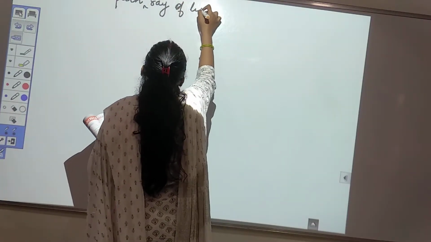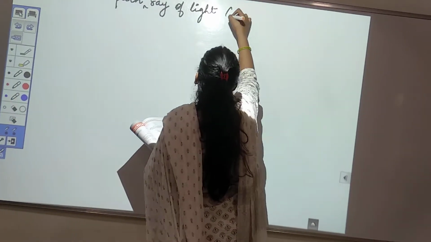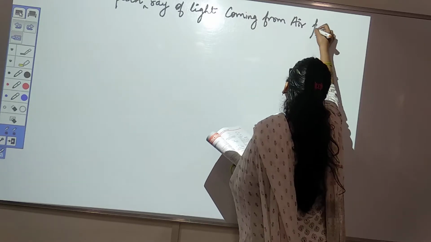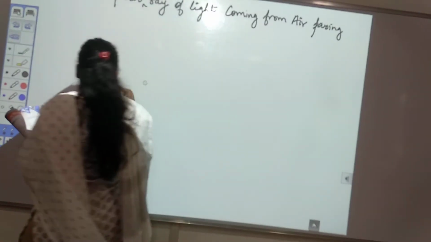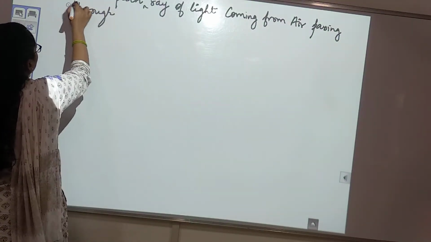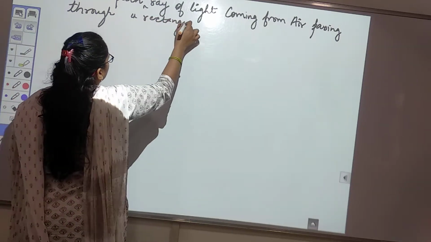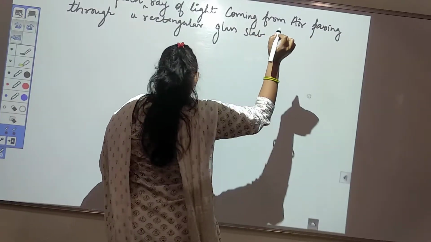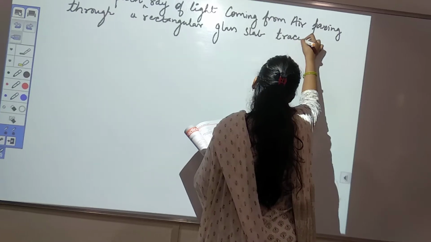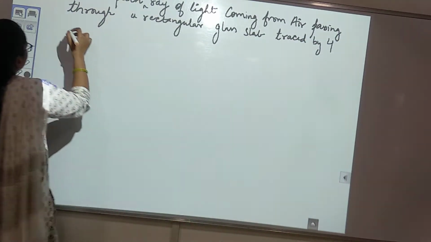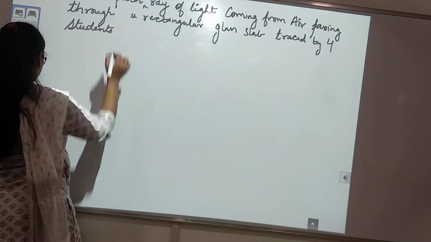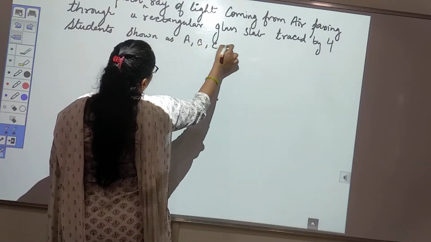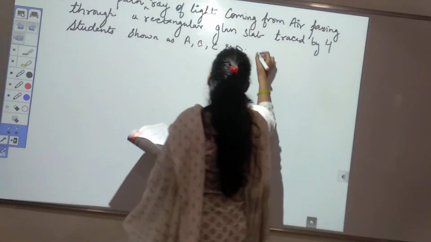of light coming from air passing through a rectangular glass slab traced by 4 students shown as A, B, C and D. Which one of them is correct?